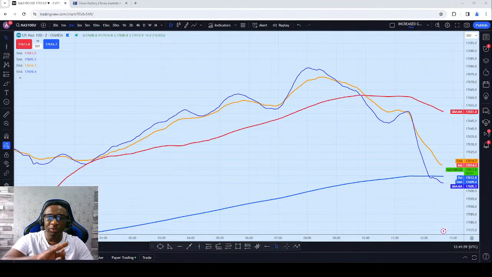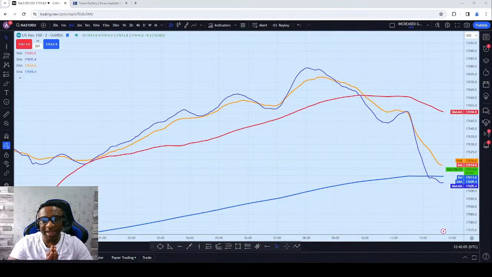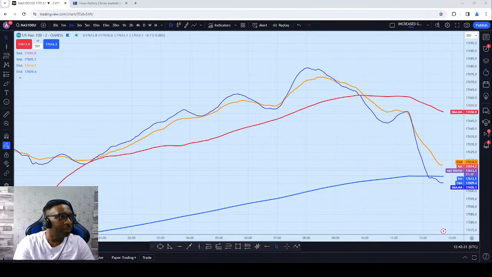If you find it going down, you are trading to go down. Do not trade against the 20 moving average. Is it clear? You can put in the chat, let me know if that is clear to us.